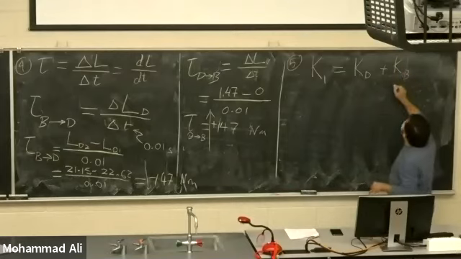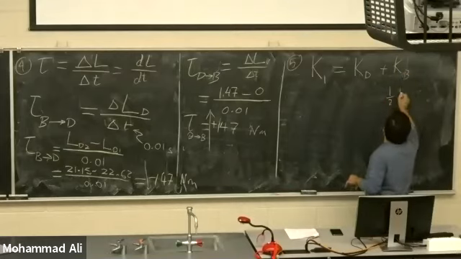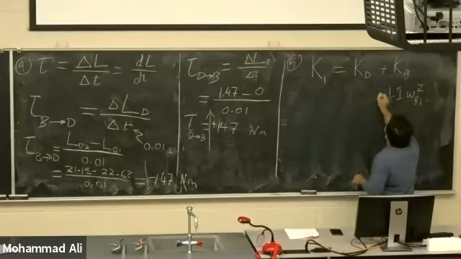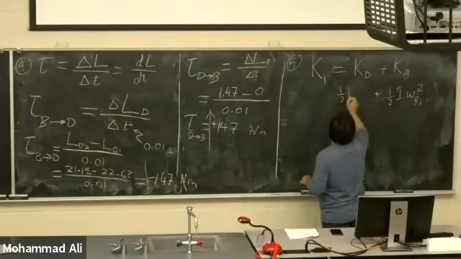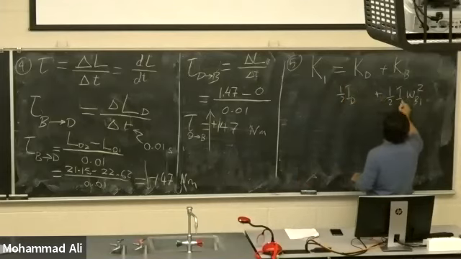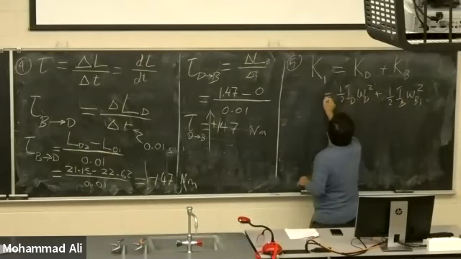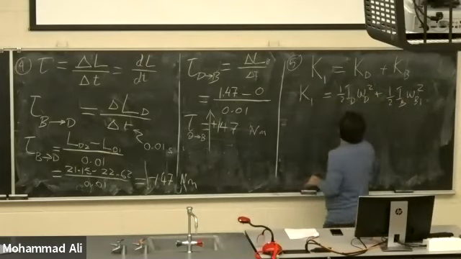How much is the kinetic energy for the ball? It is half I omega for the ball, initial, squared. And this is half I for the disk omega for the disk squared. This is the kinetic energy initial.